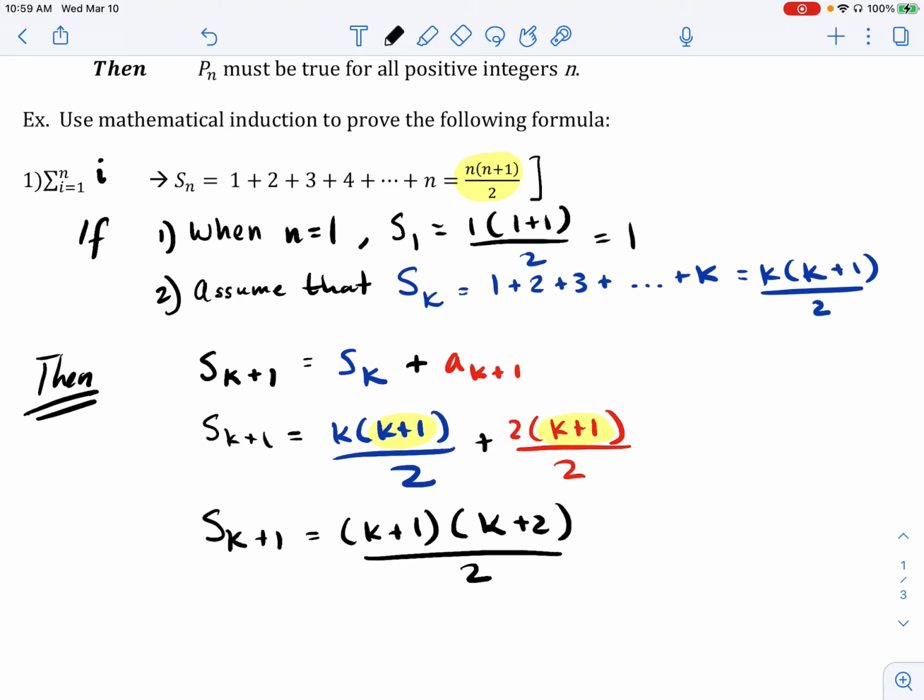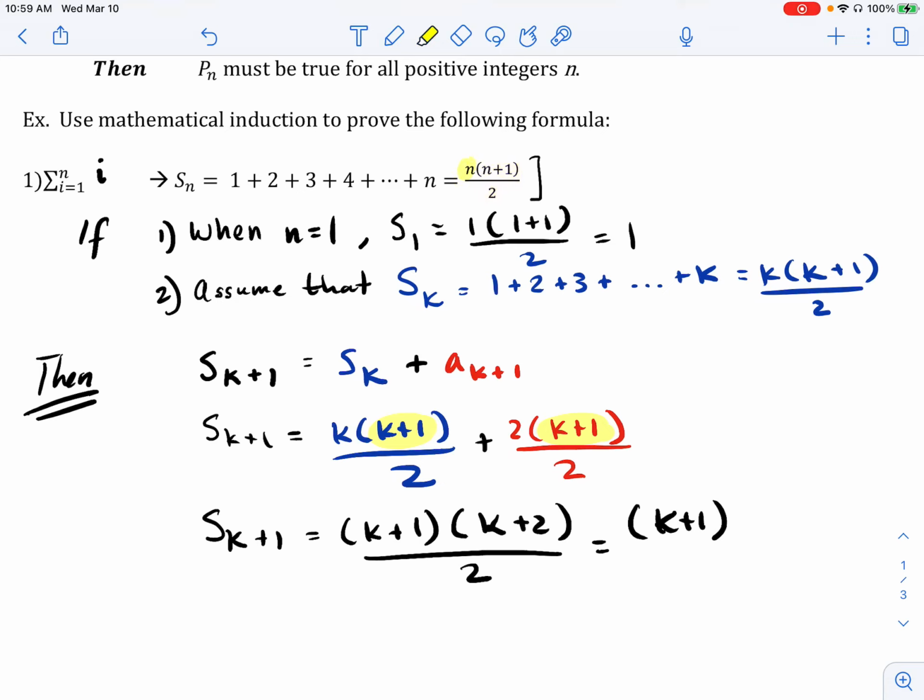When n is equal to k plus 1, we want this formula to be true. So we want what we have written so far to look like n times n plus 1 over 2. Well, we're pretty close. And so the only thing that we really need to adjust here is to say the following.